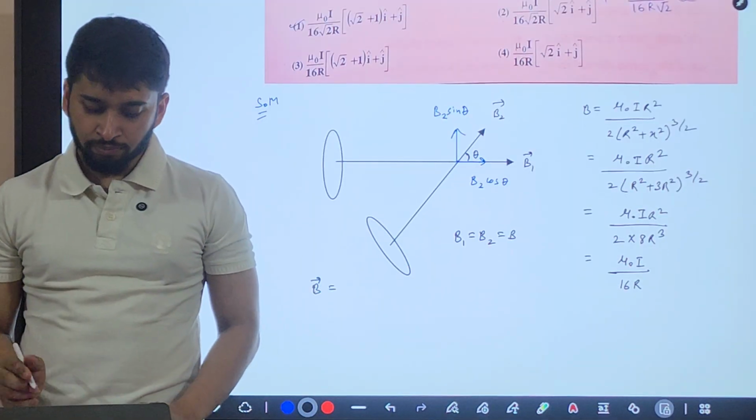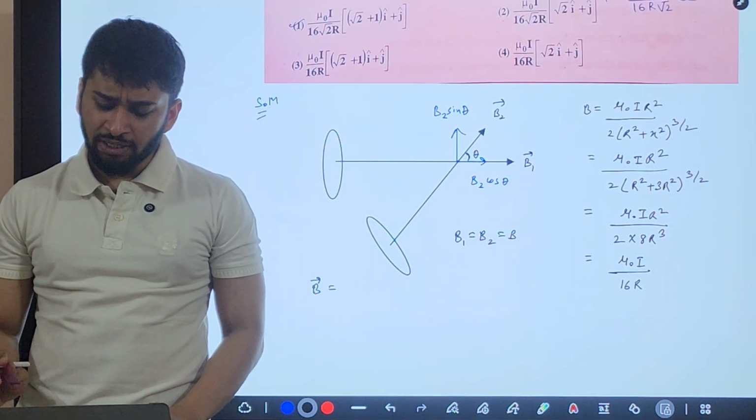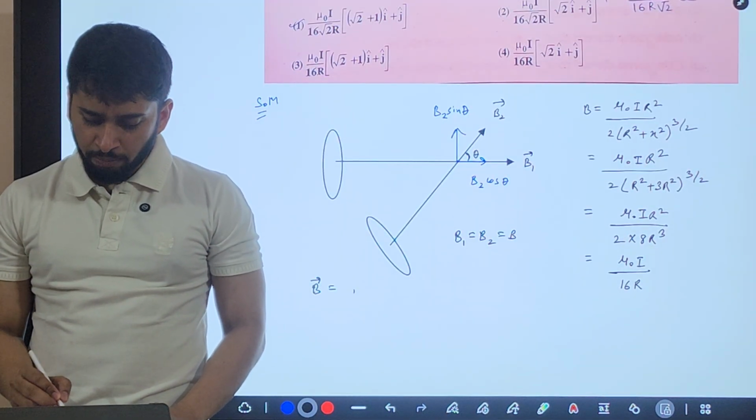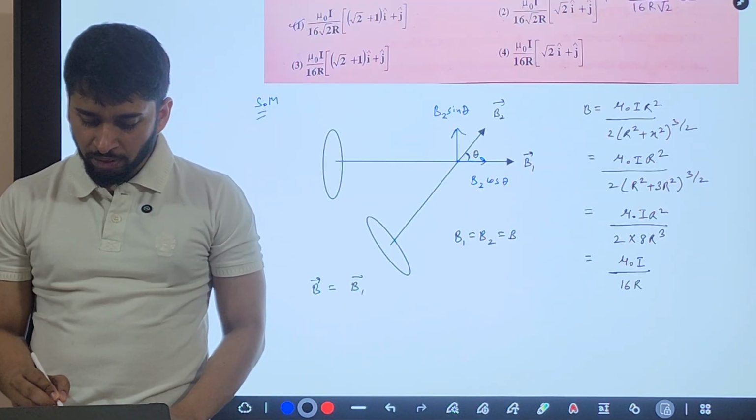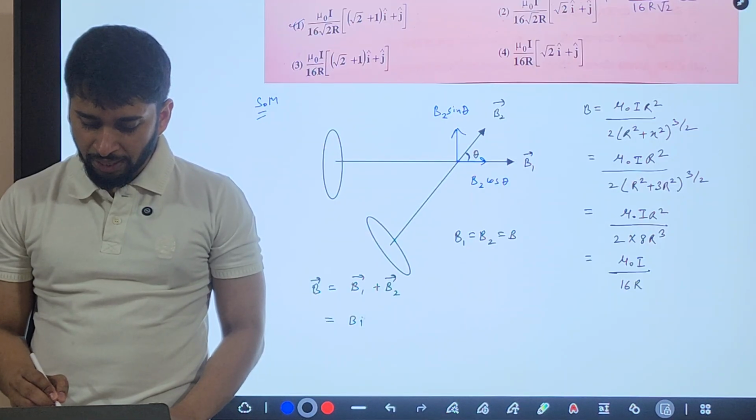Let us see here. So B1 bar is completely along x-axis. So that will become B I cap. So you need to do B1 bar plus B2 bar. Net magnetic field will be B1 bar plus B2 bar. B1 bar is just B I cap.